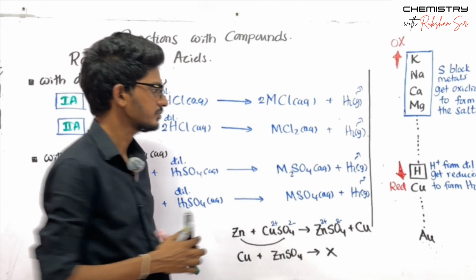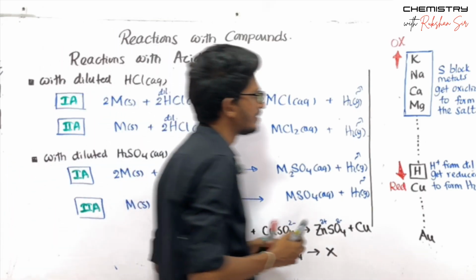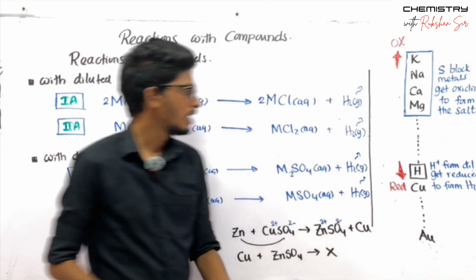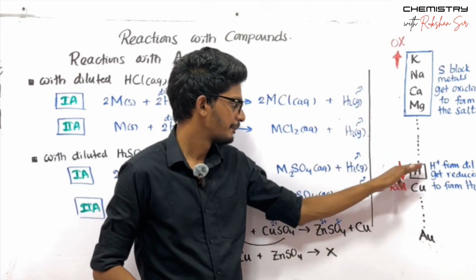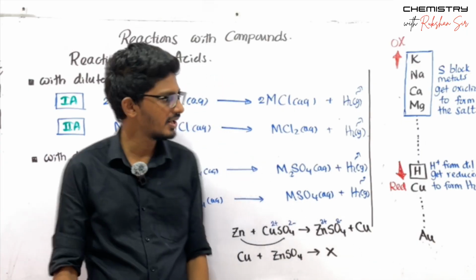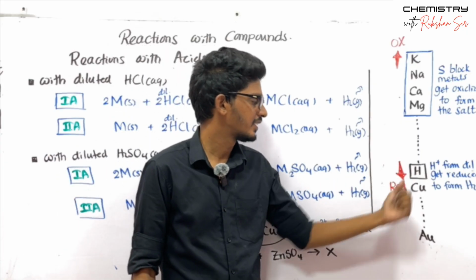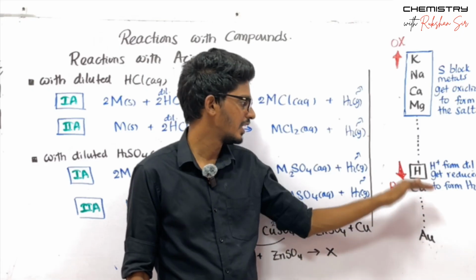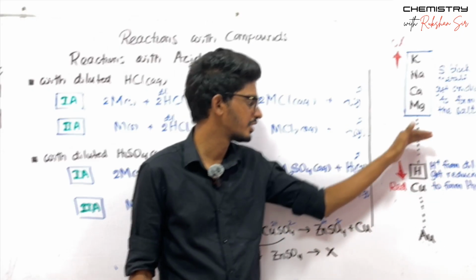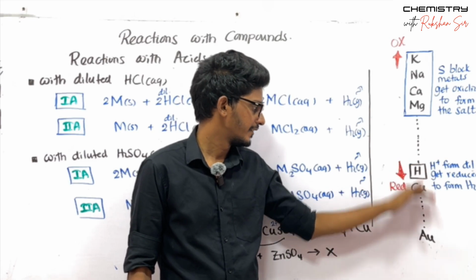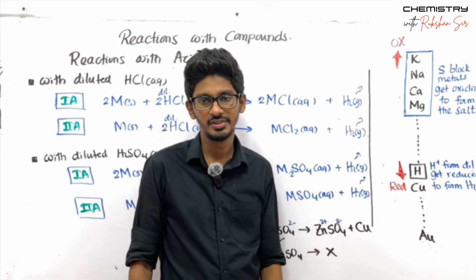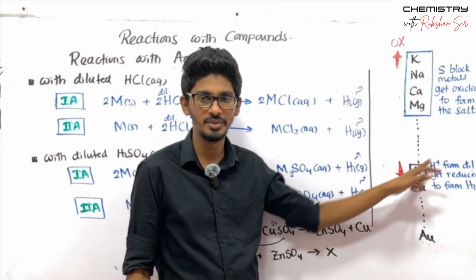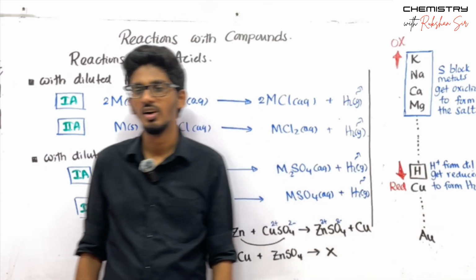Now, this all happens according to activities. If you are thinking of a metal below hydrogen in the activity series, that can't happen because then hydrogen would be the one to get oxidized, but the metal below should get reduced. Hydrogen in the H plus form in your acids can't get oxidized further.